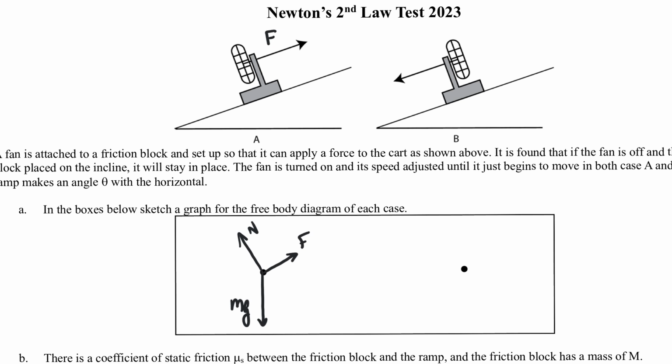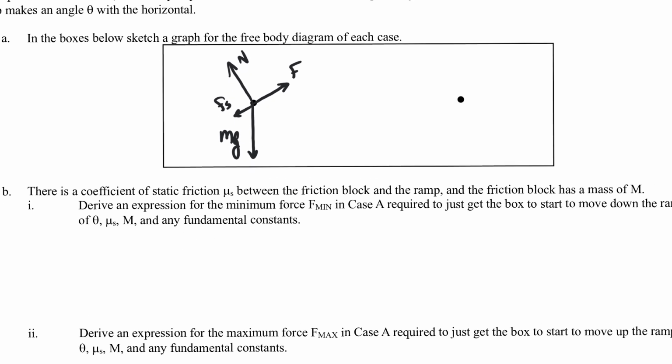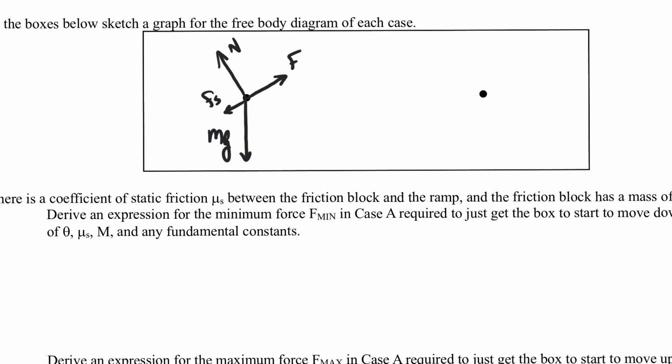And I assume if the force up the ramp is big enough, this thing will slide up the ramp. So I'm pretty sure friction has to be acting this way. I think the other picture will be the same as that, except the applied force and friction will be reversed. So this makes a difference as to which problem you did.